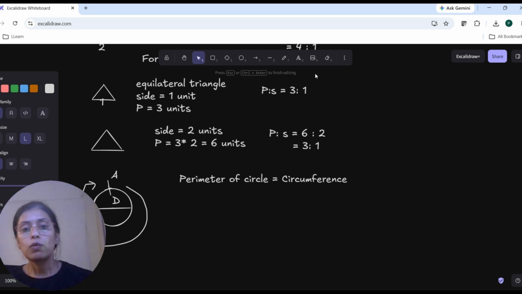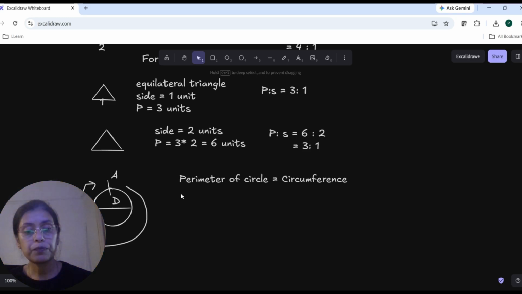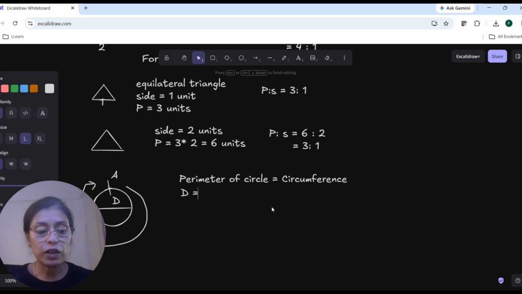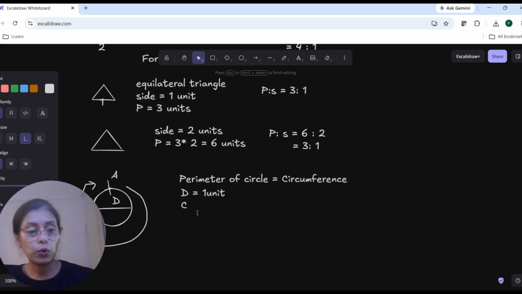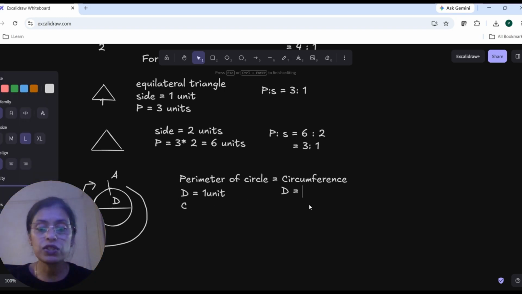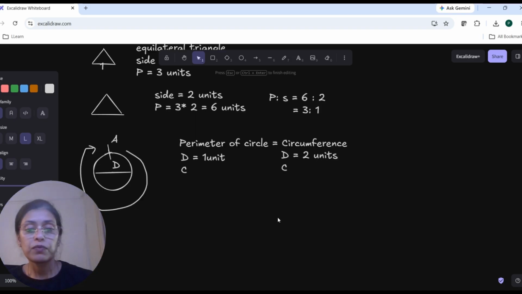So now what they started doing, okay, they took the diameter 1 unit. They found the circumference of the circle, right? We don't know at this point what was that. Similarly, then they made a circle of 2 units and then they found the circumference of the circle.